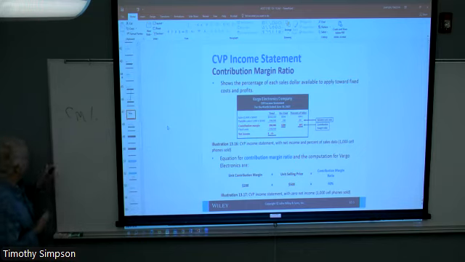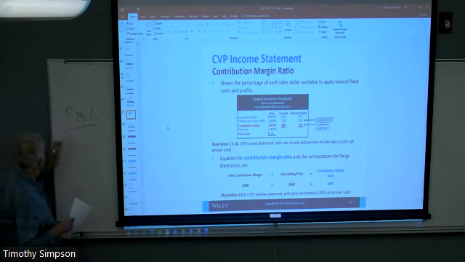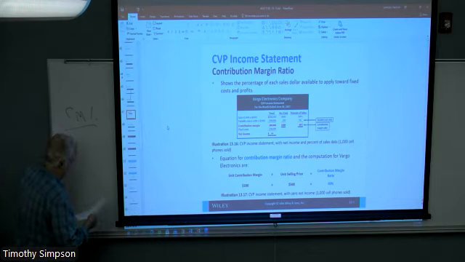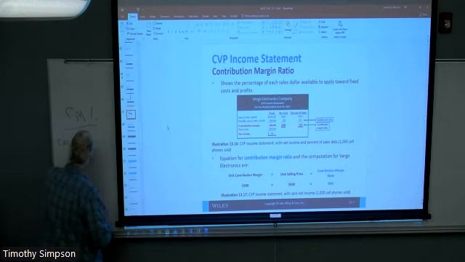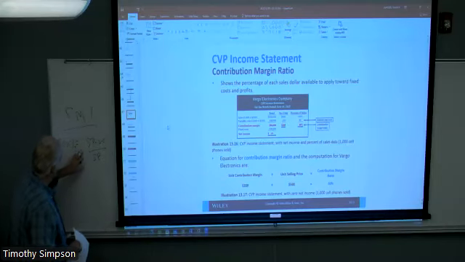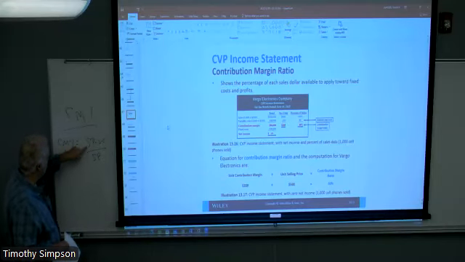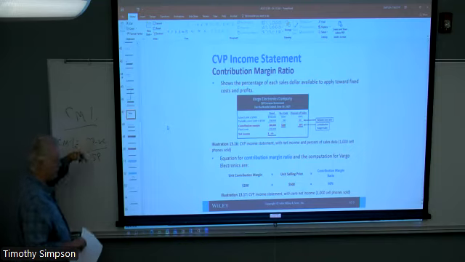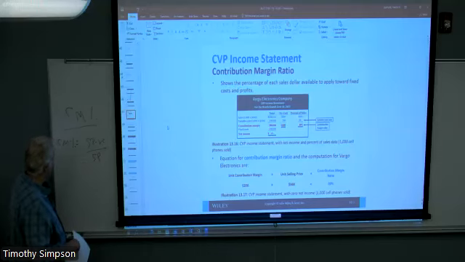And one thing we can say about this as well is, if you wanted to break this out a bit, that contribution margin ratio, or percentage, is also equal, in this case, to selling price minus variable cost over selling price. Obviously, we're breaking it down to a unit level: selling price minus variable cost over selling price.